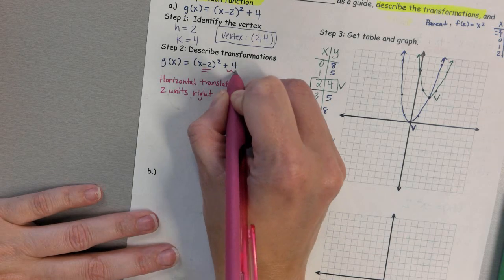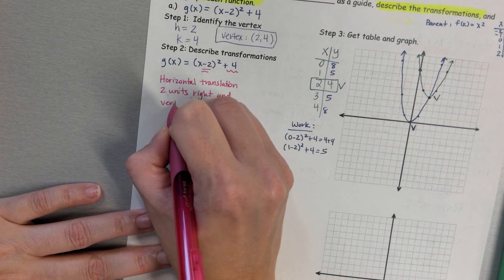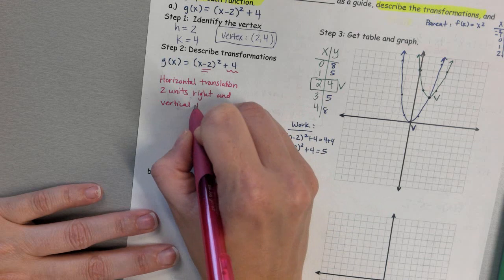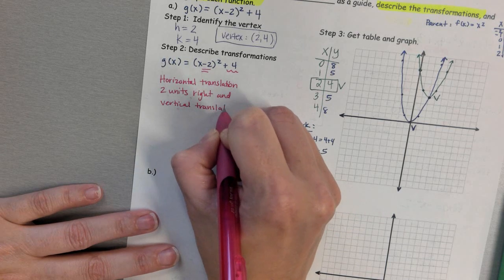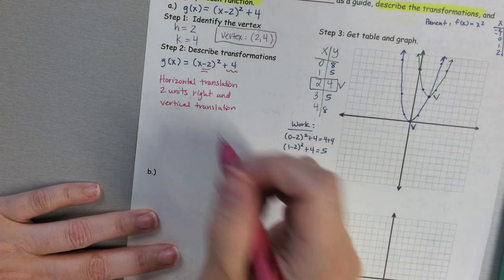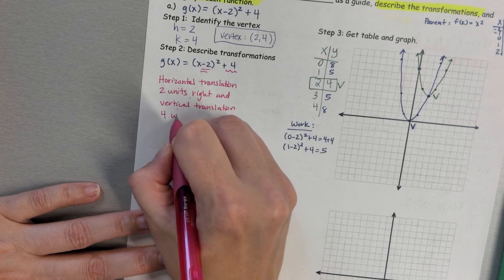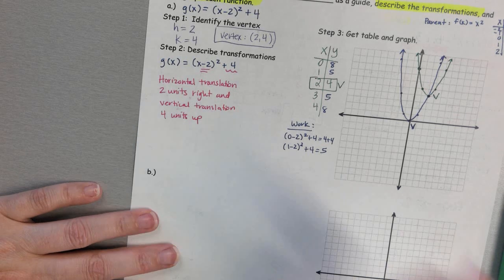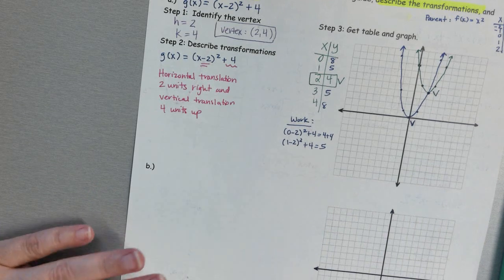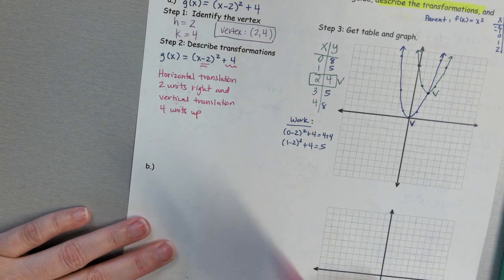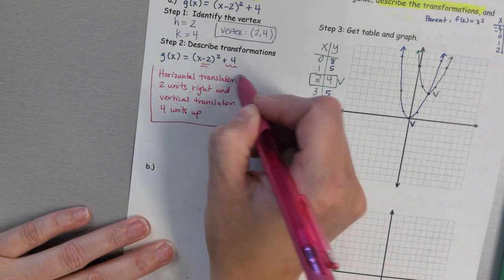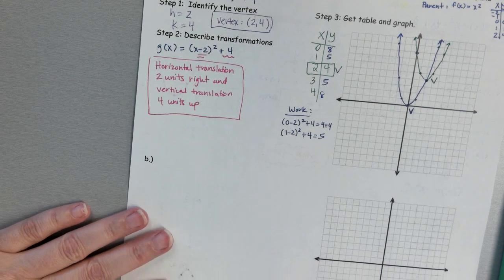And it is also going to be a vertical translation. And we can see it's moving up. So it's 4 units up. Okay, so we describe the transformations and we graph the function.